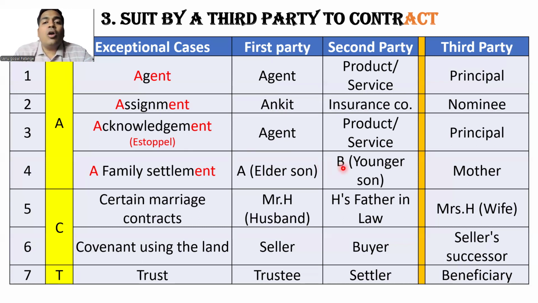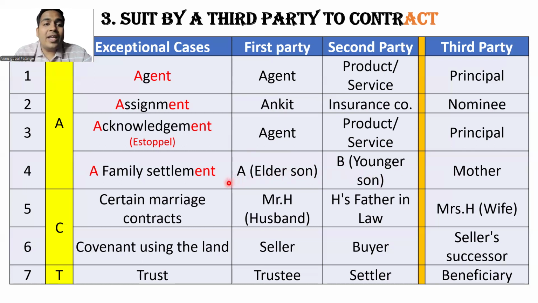But B is not taking care of their mother. The mother is not a party to this contract. She is a stranger, although she is a beneficiary of this family settlement. Hence, she can go to court of law. This is with regard to a family settlement.